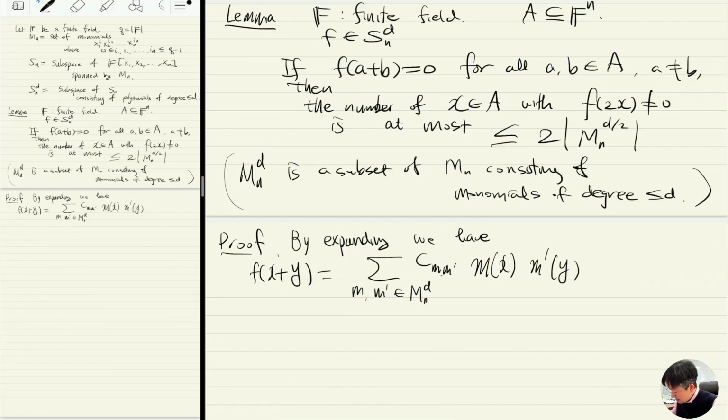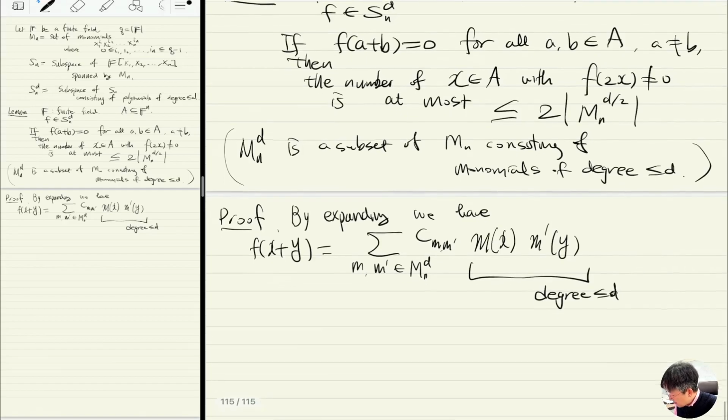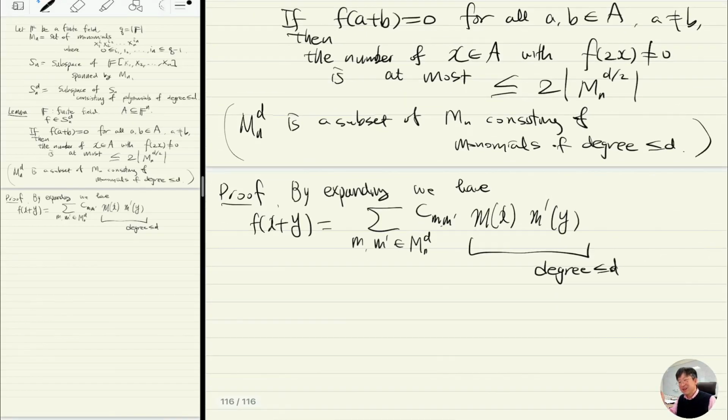Now, the whole thing has degree at most d. So either m of x has degree at most d over 2, or m prime of y has degree at most d over 2.